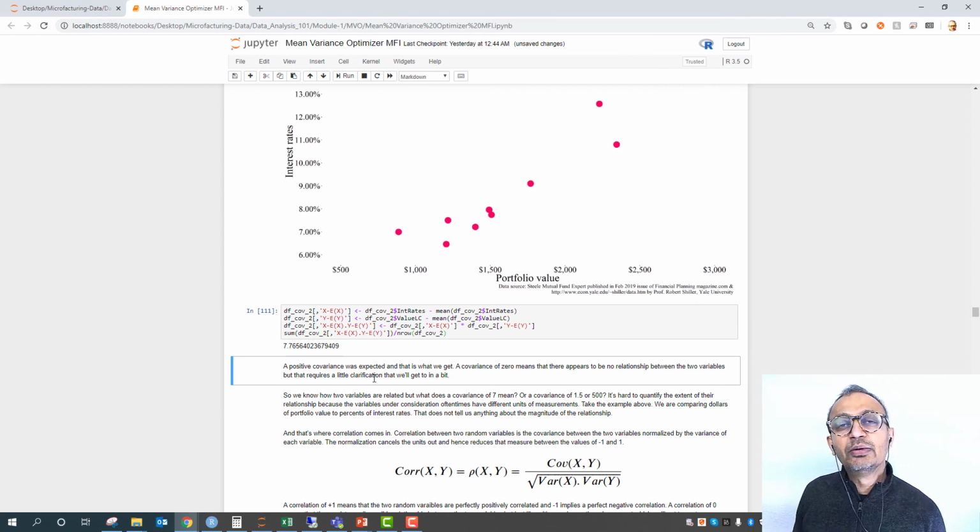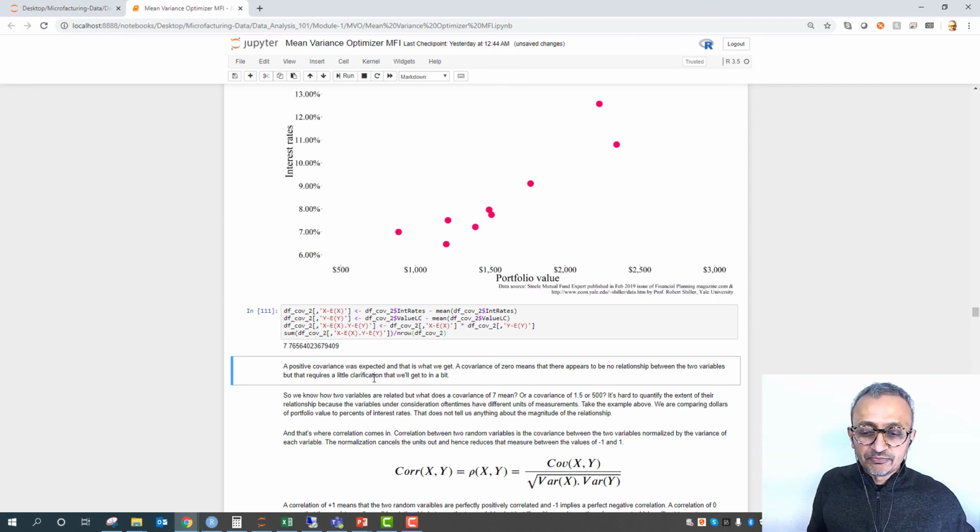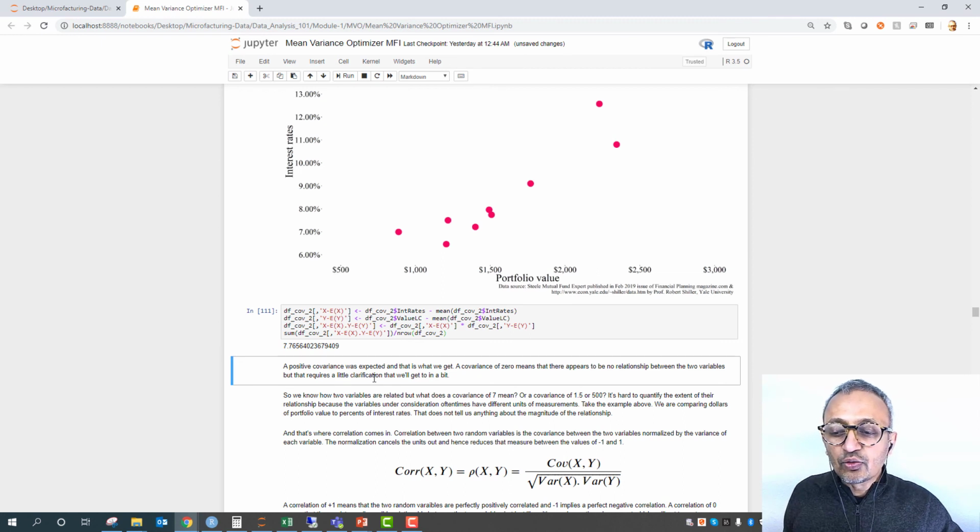So we know how two variables are related. But then, as I alluded to, what does a covariance of 7 mean, or a covariance of 1.5 or 500 or 5000? It's hard to quantify the extent of this relationship, because the variables under consideration have two different units of measurement.